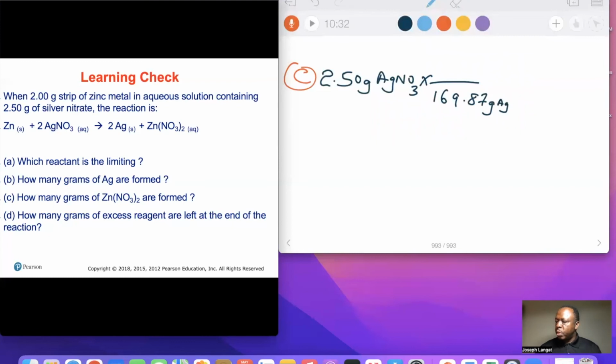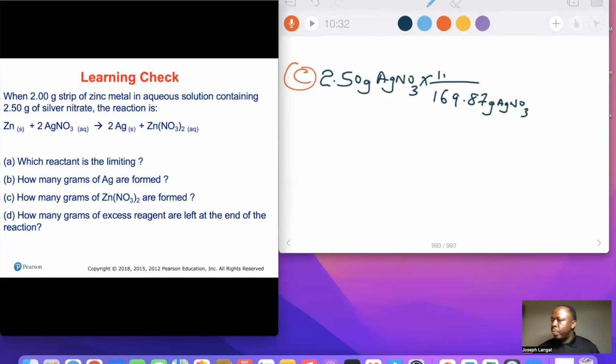You have to use the atomic masses. Sometimes you can Google the molar mass of AgNO3, but unfortunately, in the exam, you have to use the periodic table to find the molar mass if you are not given it.